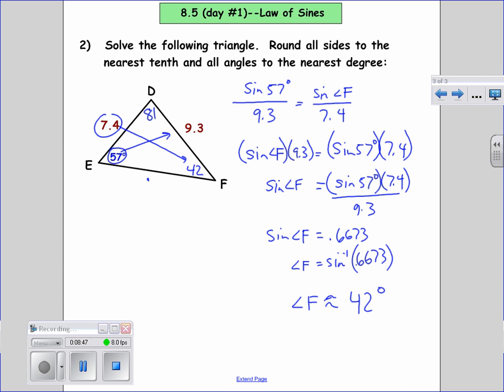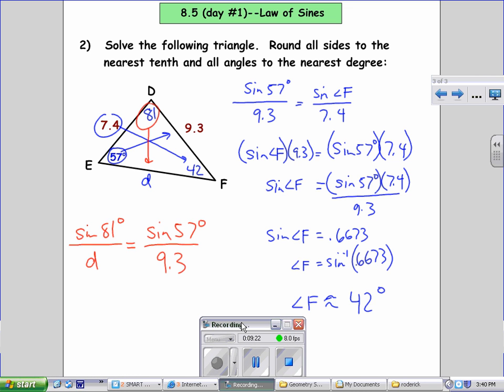And my last task is to find side D, little d over here. Okay? So the sine of 81 over D is equal to, I don't know, pick one, the sine of 57 degrees over 9.3. Your solving here is just like the other ones.